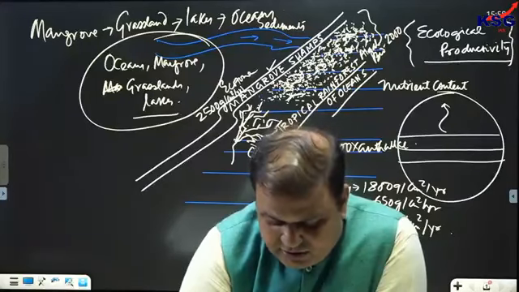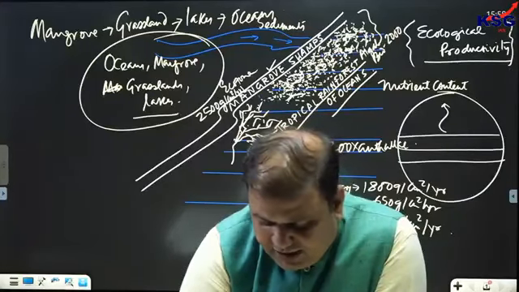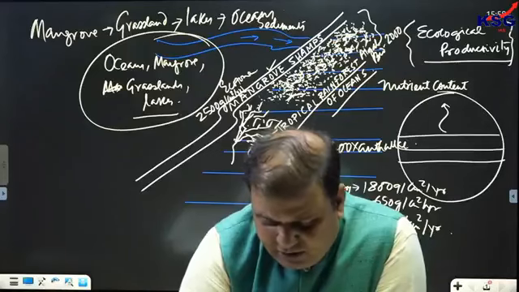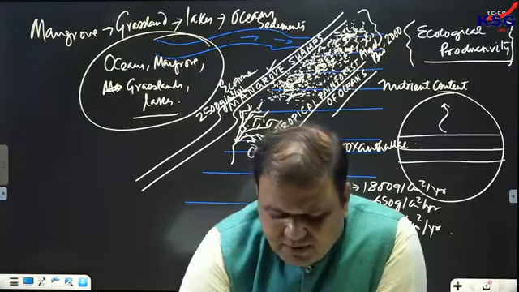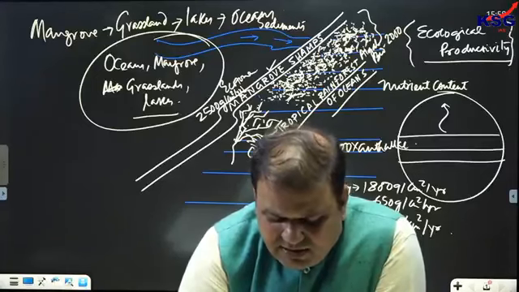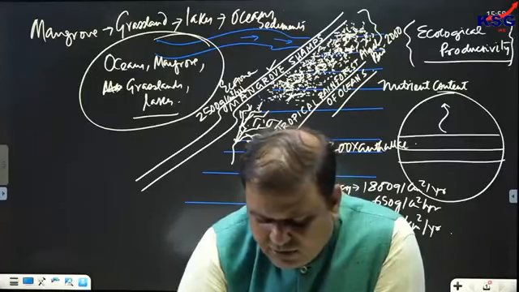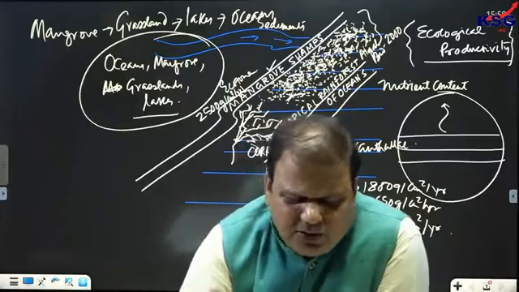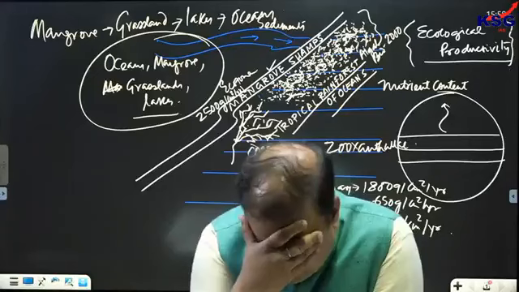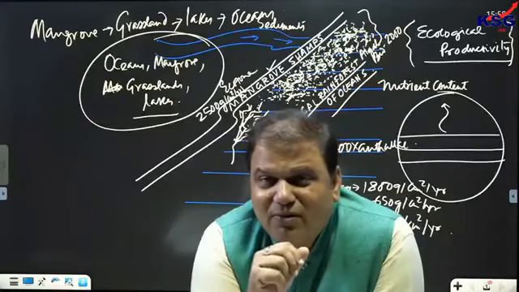Sir, is there not a lack of oxygen near the coastal area? Then how can corals grow? See, corals grow mainly in the continental shelf.